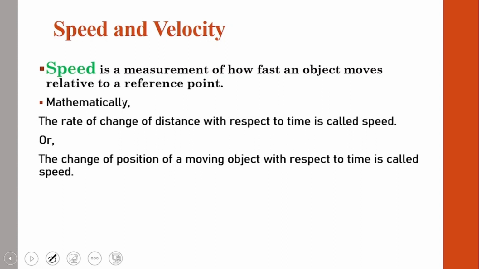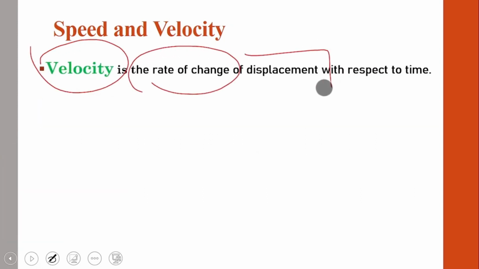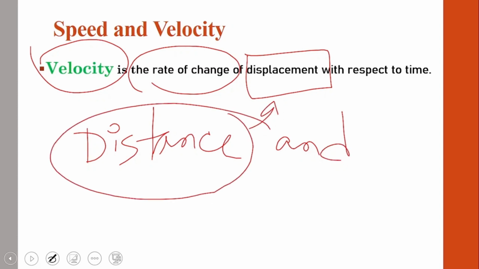We humans have a particular speed for a particular person. And the velocity is the rate of change of displacement. You know very well the difference between distance and displacement, right? Distance is a scalar quantity and displacement is a vector quantity.